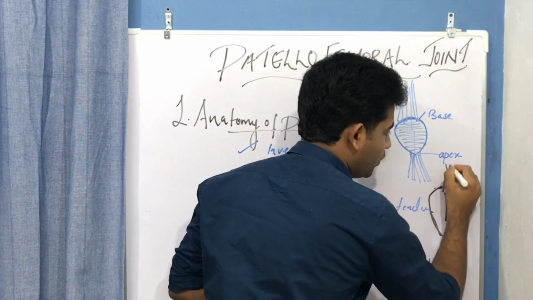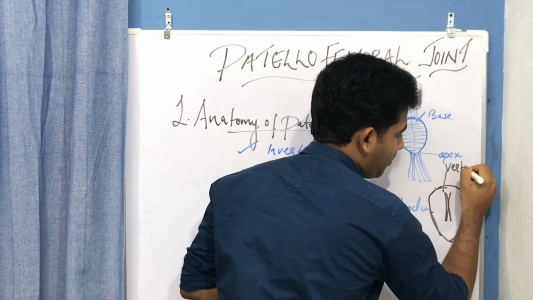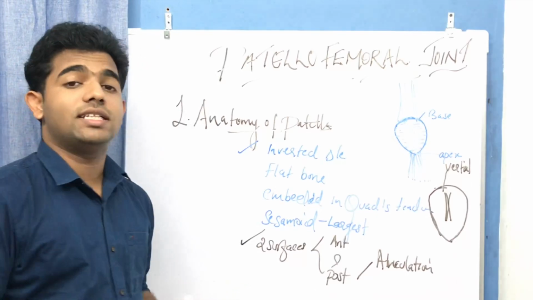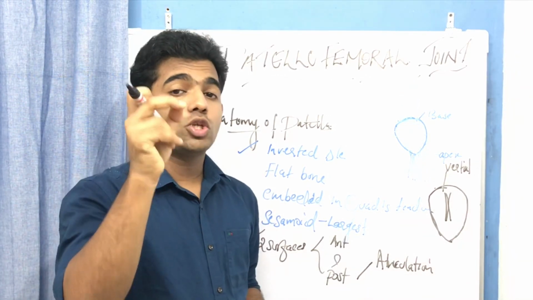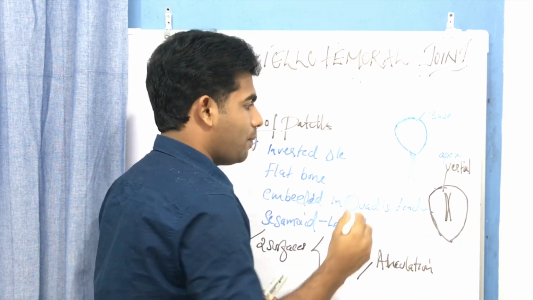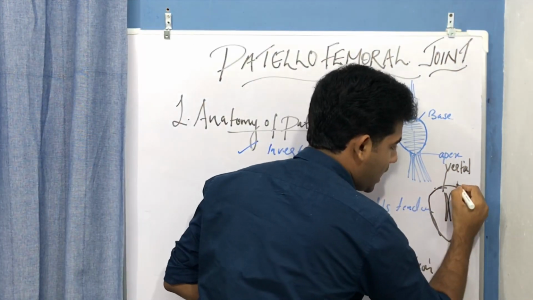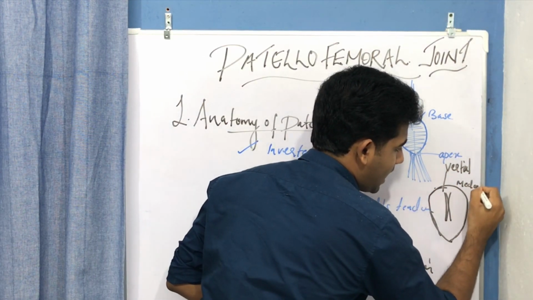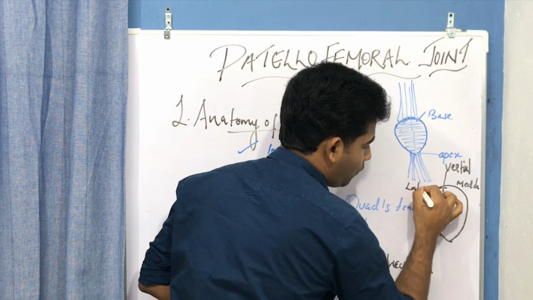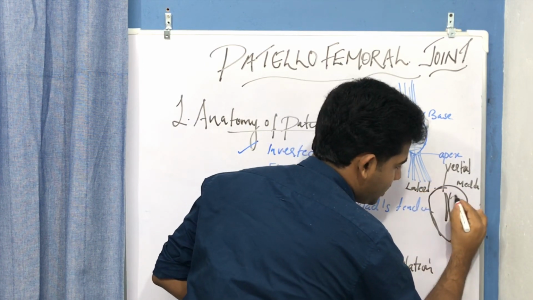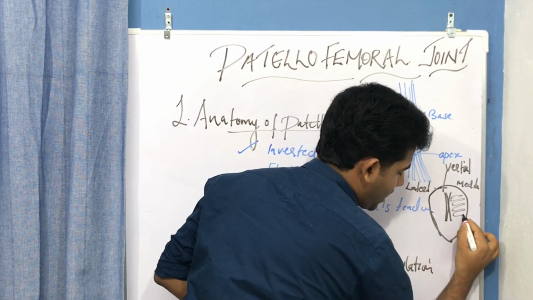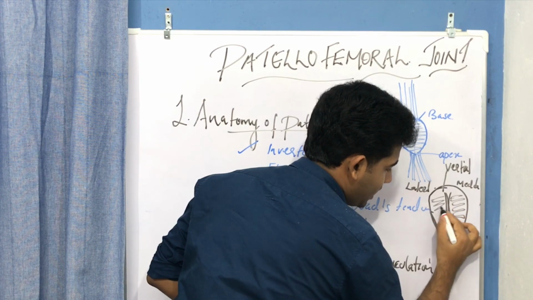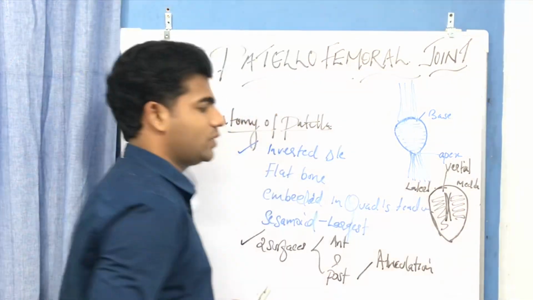This is a vertical ridge in the center of the posterior surface, making it a medial and a lateral articular facet.